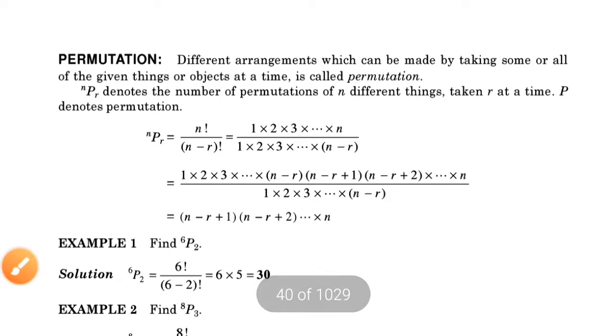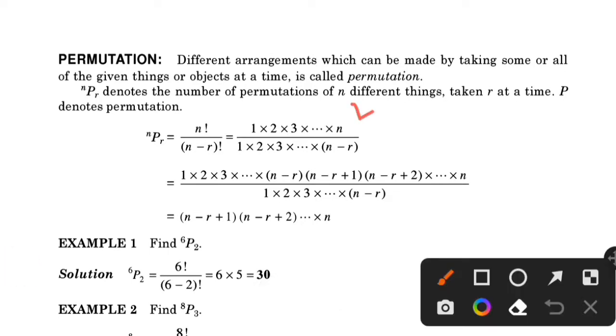Okay, for permutation we use the formula nPr. P for permutation, n are the whole or given things, and r is the arrangements taken out of the n things or the selection out of n things.